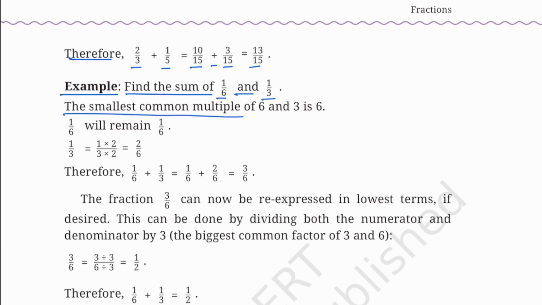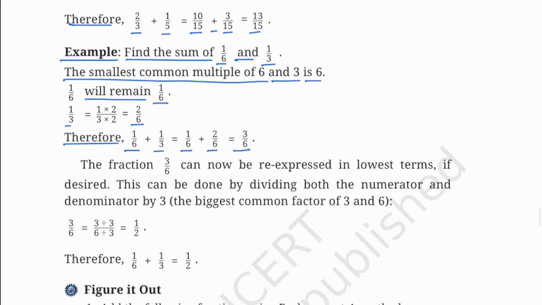Example: find the sum of 1 upon 6 and 1 upon 3. The smallest common multiple of 6 and 3 is 6. 1 upon 6 will remain 1 upon 6. 1 upon 3 can be written as 2 upon 6. Therefore, 1 upon 6 plus 1 upon 3 is equal to 1 upon 6 plus 2 upon 6, which is equal to 3 upon 6. The fraction 3 upon 6 can be re-expressed in lowest terms if desired.